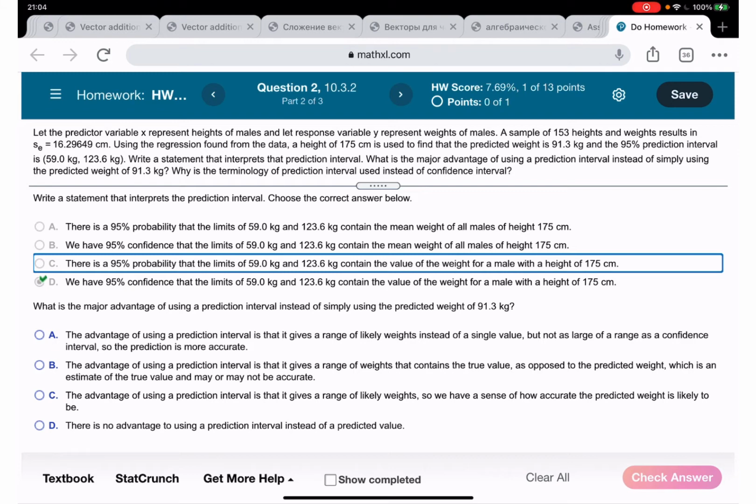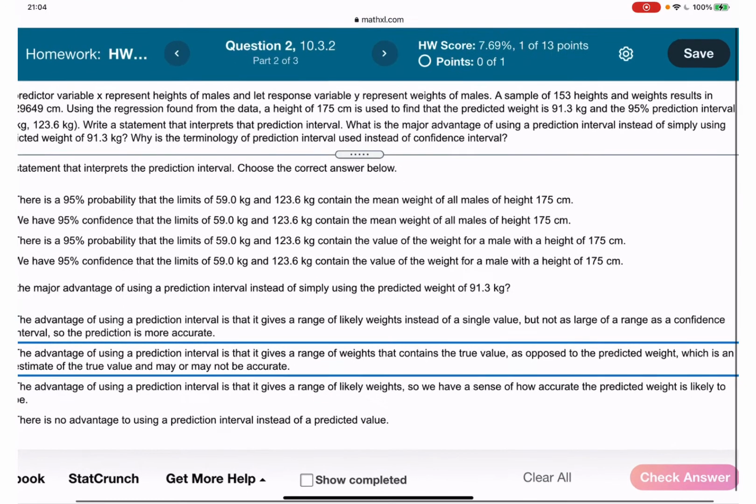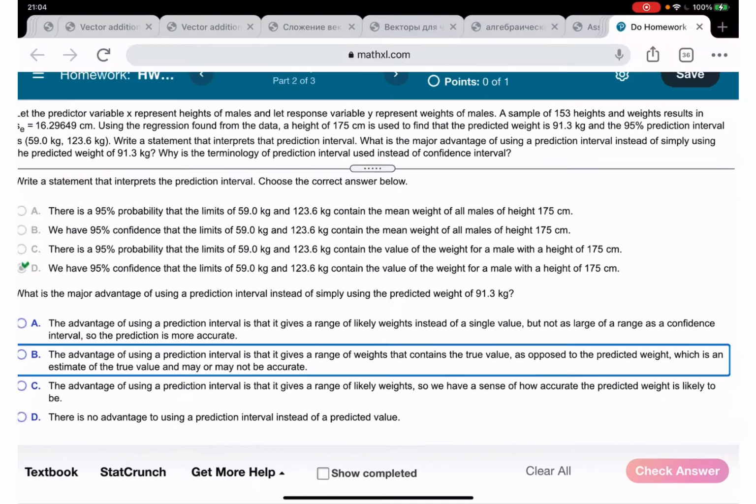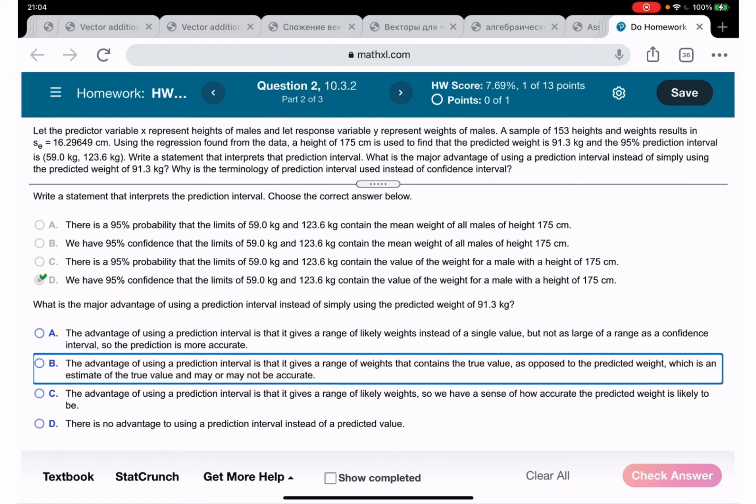Okay, so let's see, the advantage of prediction interval is that it gives a range of likely weight instead of a single value, but not as large of a range as a confidence interval. That's not it. Okay, no, let me see.